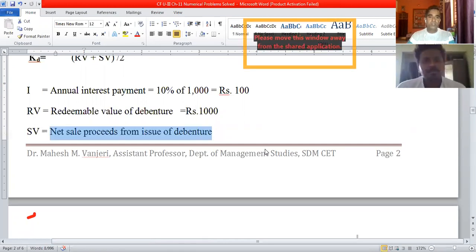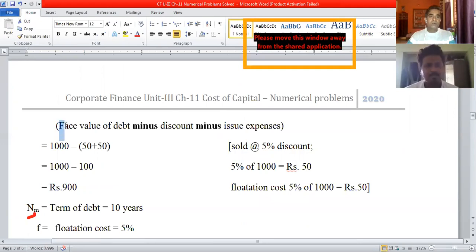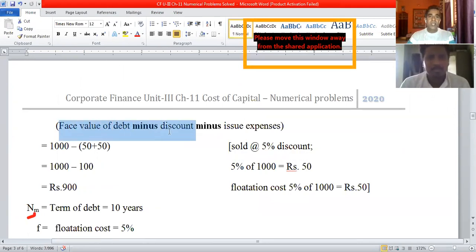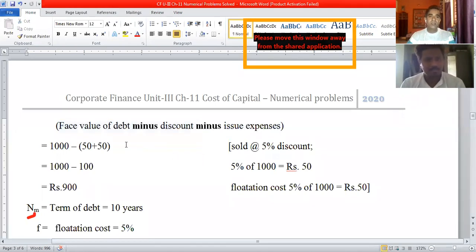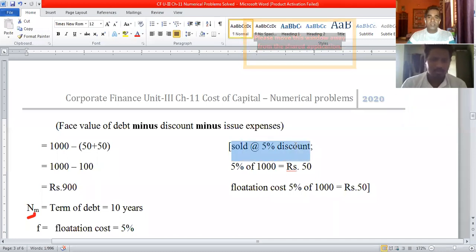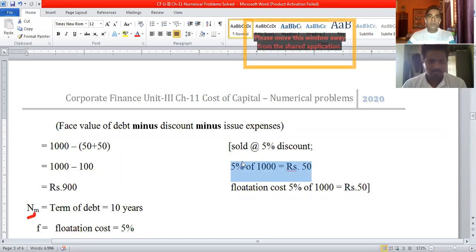from issue of debentures. So in order to find SV, we need the face value of debt minus discount minus issue expenses. The face value is 1000 rupees, and it is sold at 5% discount. 5% of 1000 is 50 rupees. Also, there are flotation costs incurred while issuing the debenture, which is 5%.